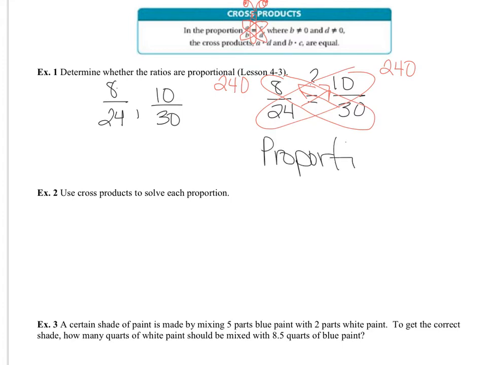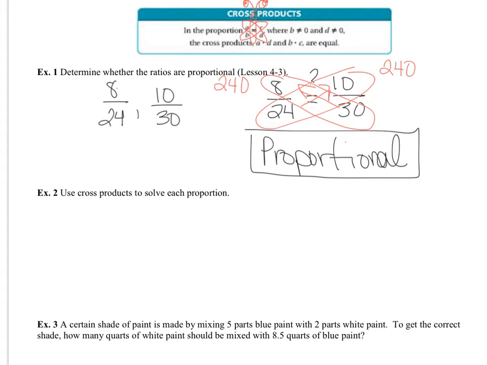But the cool thing about writing the numbers on top like that is that, say for some reason, this fraction over here, or this cross product, let's just for giggles make it 270. If this were 270 and this one were 240, then 8 24ths would be the bigger ratio. Pretty cool, huh?